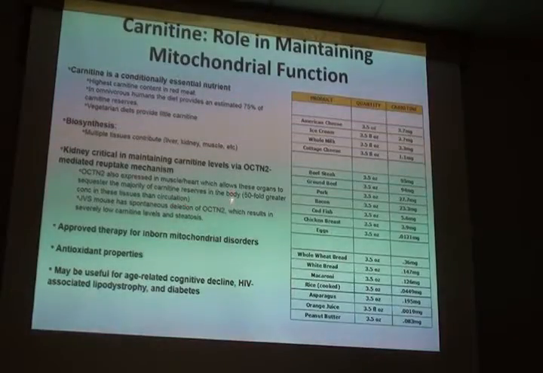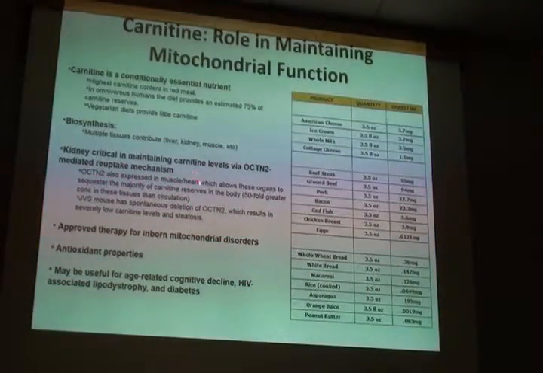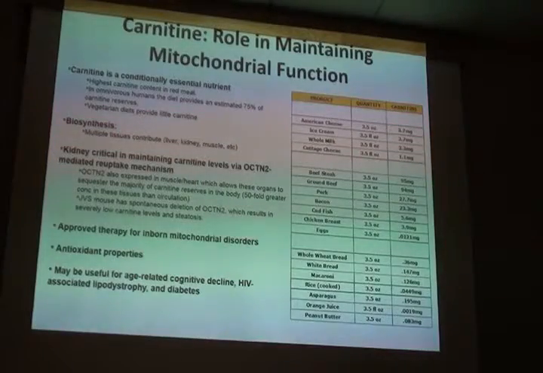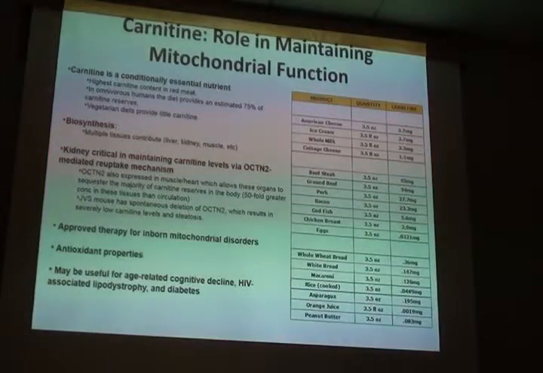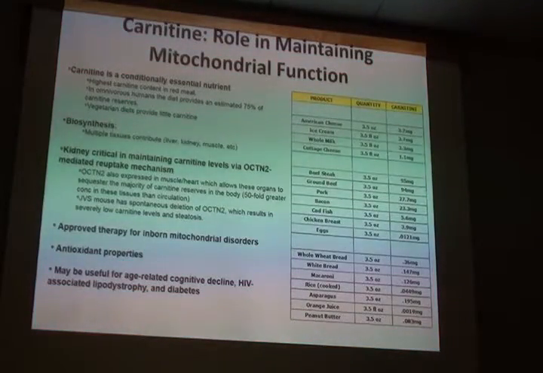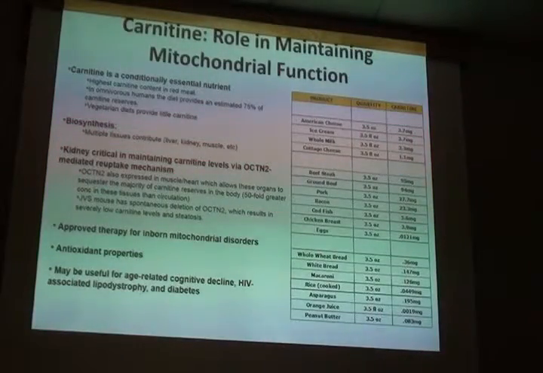The other thing is that OCTN2 is also very highly expressed in muscle and heart, and this allows these organs to sequester the majority of the carnitine pools in the body. They have a 50-fold greater concentration of carnitine in the tissue than there is in the circulation, so they're very greedy with it.